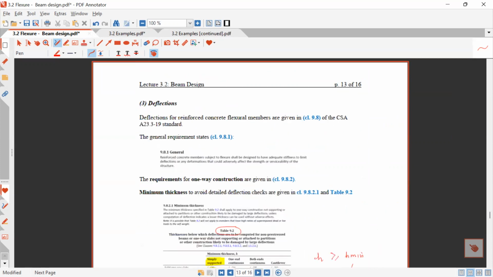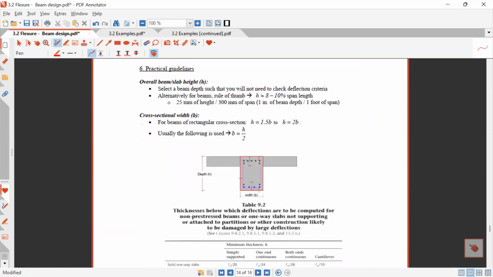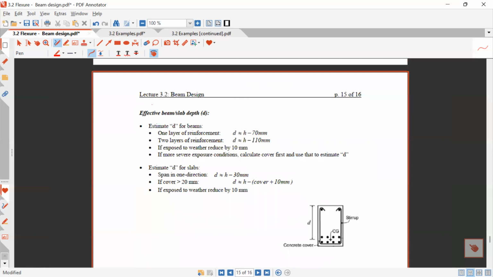I'm in lecture 3.2 here, going towards the end in the practical guidelines. This is a way you can estimate the effective depth D as a good starting point if you don't know what the bar size is and so on. If you have one layer of reinforcement, you can estimate D as approximately H minus 70 millimeters. You're going to see that I'm going to use this in this example. That's where it comes from. It's on page 15 of lecture 3.2.